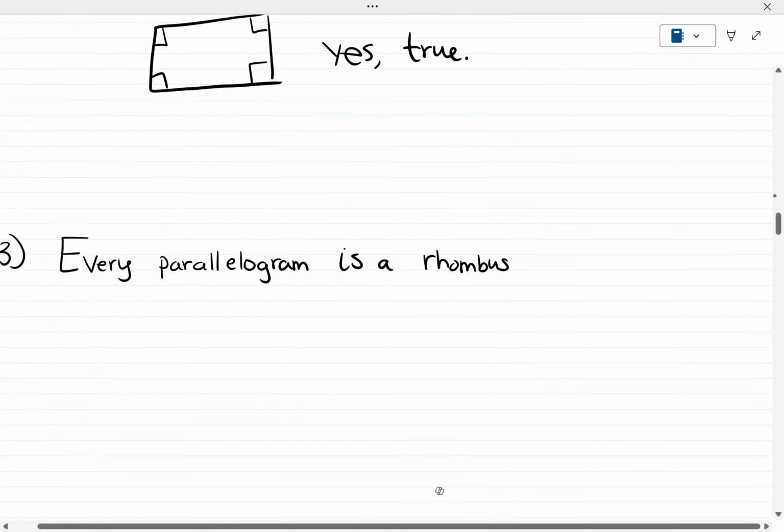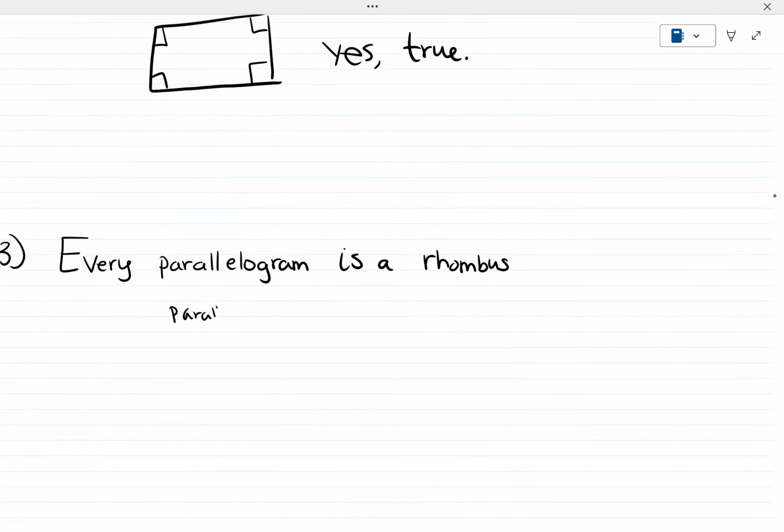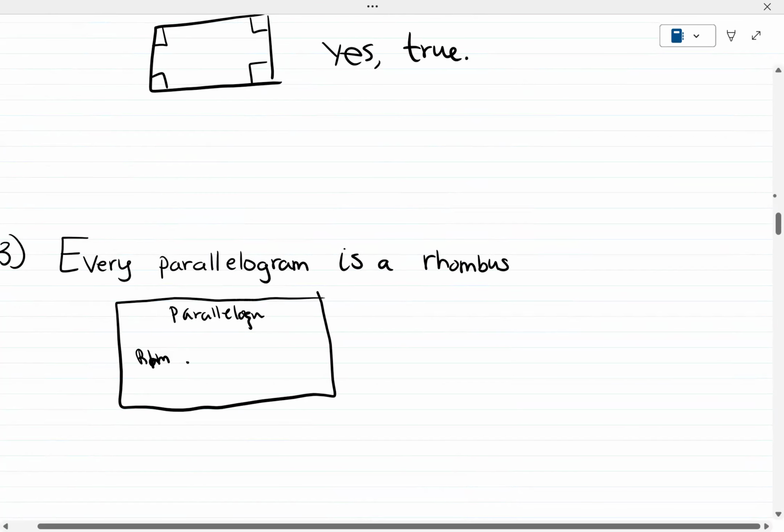Question three says every parallelogram is a rhombus. So if you look at your image here, you have a parallelogram, and here you have a rhombus, and then you have a rectangle, and then a square is technically a mixture of both, right?